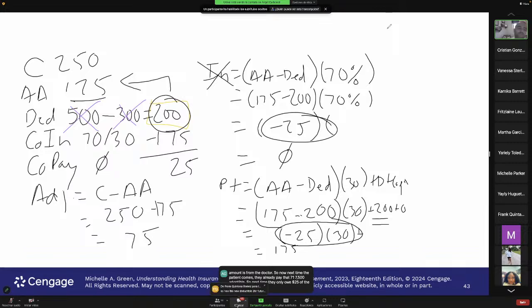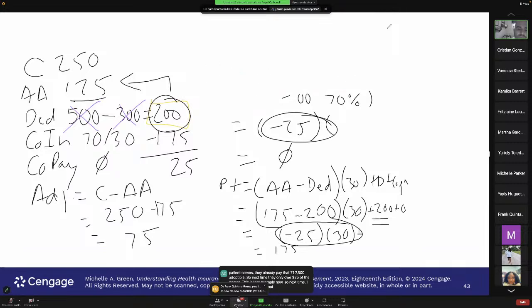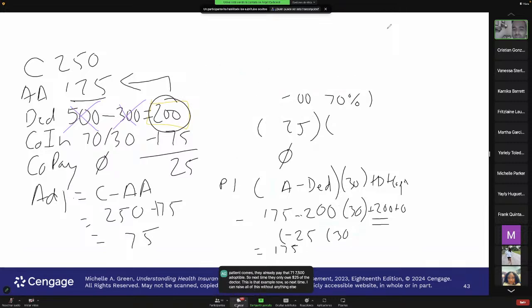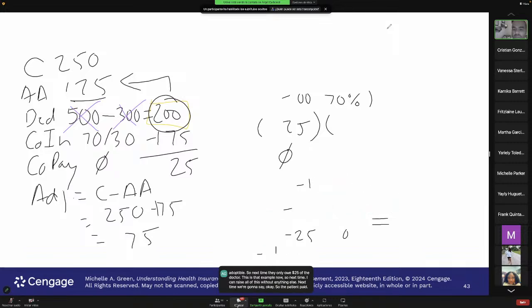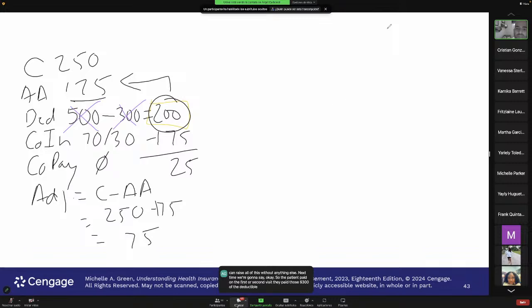Let's do that example now. So next time, let me see if I can erase all of this without getting everything else out. Next time, we're gonna say, okay, the patient paid on the first or second visit those $300 of the deductible, and now they paid 175 more.